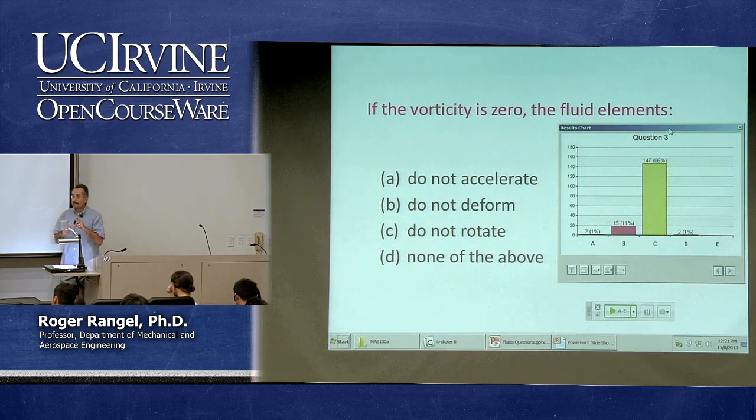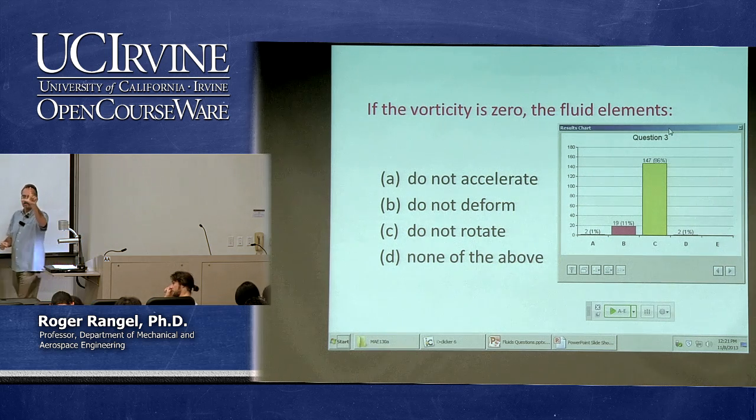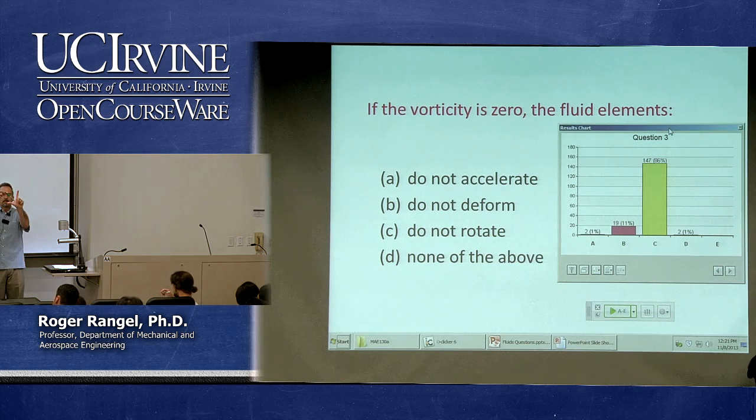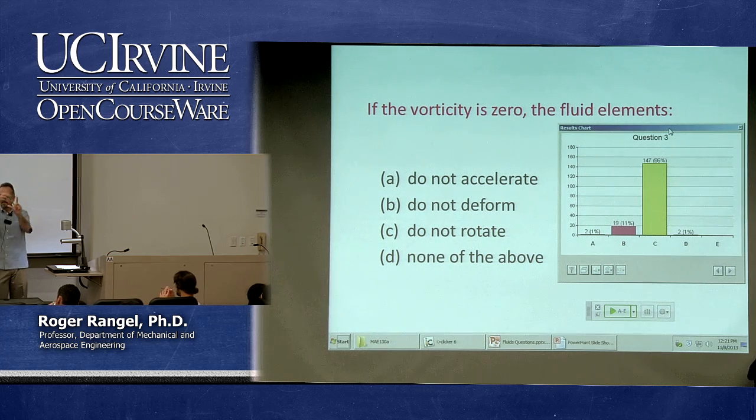A fluid element can deform without rotating, as long as the bisecting line of the original angle remains in the same position. So if this is the corner of the element that I'm looking at, and here is that bisecting line, this line bisects this angle. This could deform, but I don't rotate this line, as long as it remains. So what we're looking for is actually rotation.